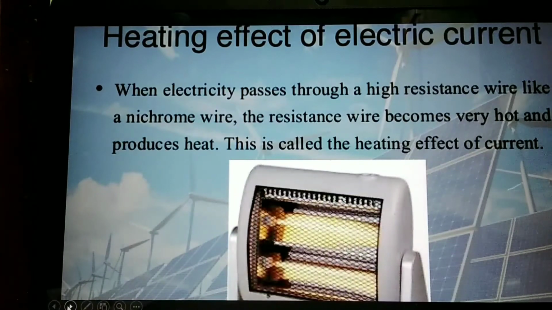Now, what are the heating effects of electric current? When electricity passes through a high resistance wire like a nichrome wire, the wire becomes heated up and becomes very hot and produces heat. This is called the heating effect of current.